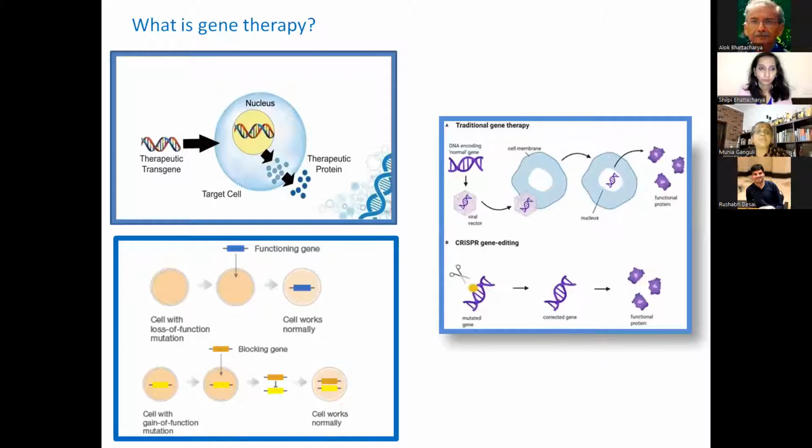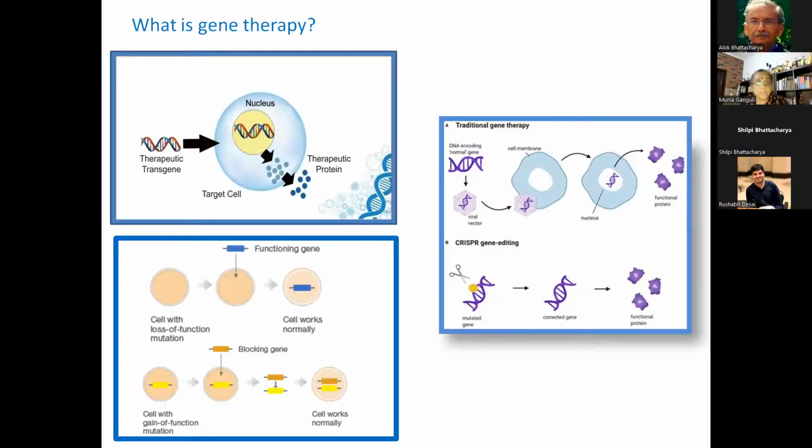You do gene delivery in order to achieve what is called gene therapy. So what is gene therapy? It is nothing but transferring a right gene instead of a defective gene that the cell already has, to produce a right protein. While transferring the right gene is one way of doing gene therapy, it could also mean that you have to block a gene that is not functioning properly.